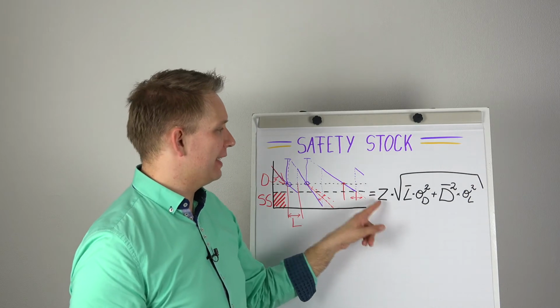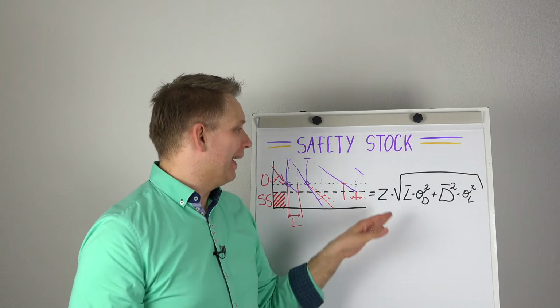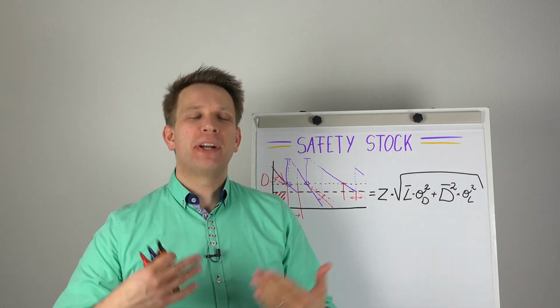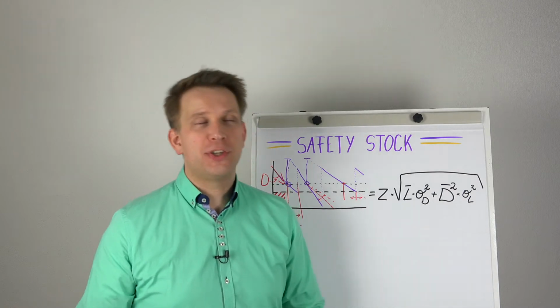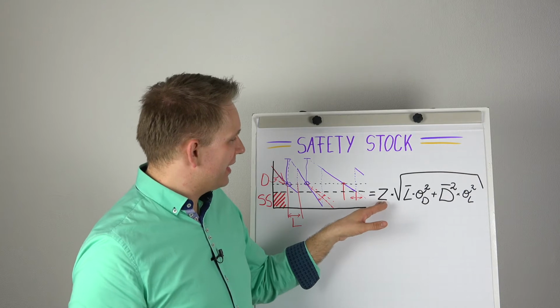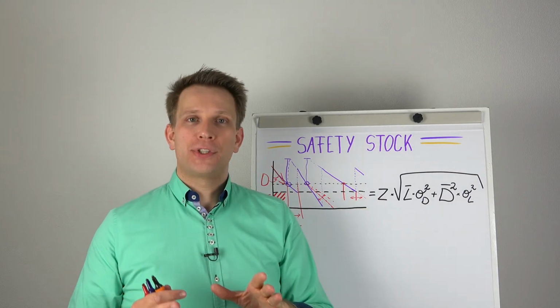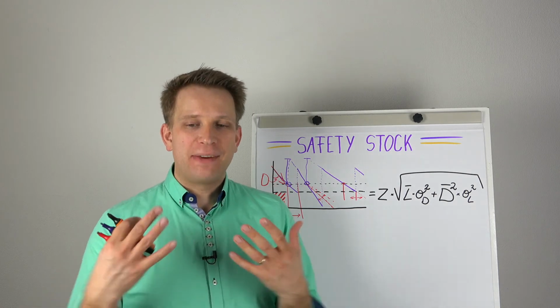And then there is this Z term, and the Z term, for those following Six Sigma a bit, is indeed very much linked to this whole 1, 2, 3, 4, 5, or 6 standard deviations and the percentage of security that we want. Basically, this is the inverse normal distribution of the safety percentage.